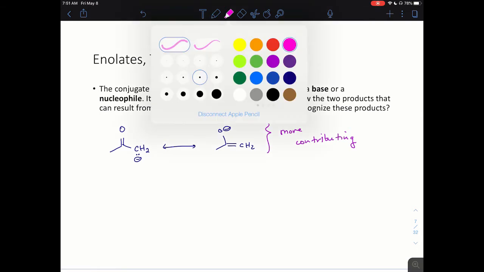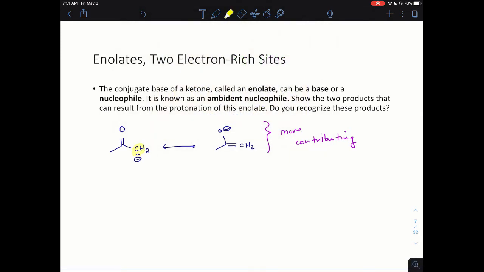And because they're described by 2 of these resonance structures, they can actually react in either position. So what does that mean? That means that the lone pair can react from carbon, or it could react from oxygen. It can react from either atom. So this is called ambident. It's an ambident nucleophile. It has 2 electron-rich sites, which is the title of the slide.